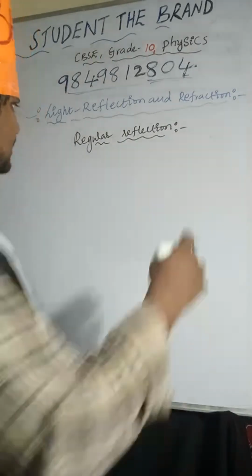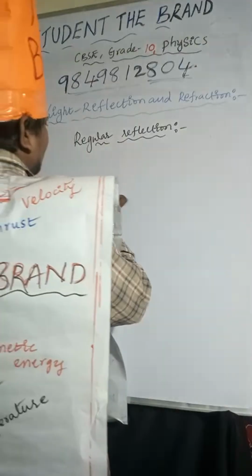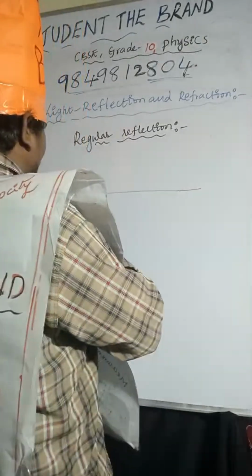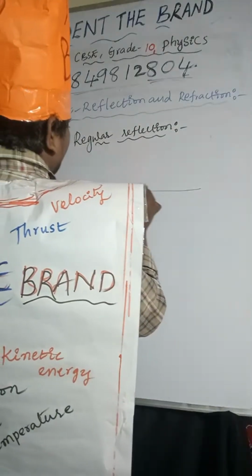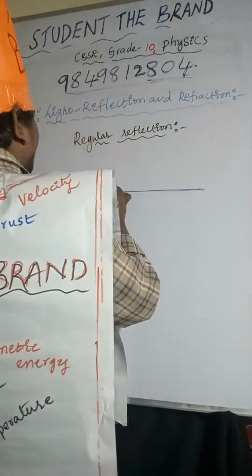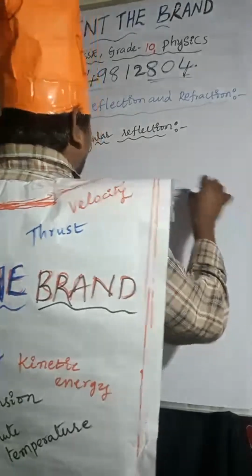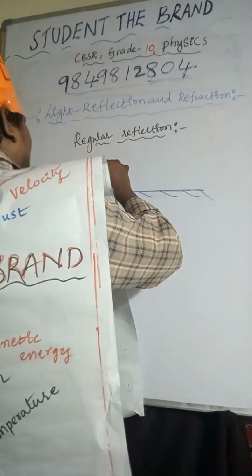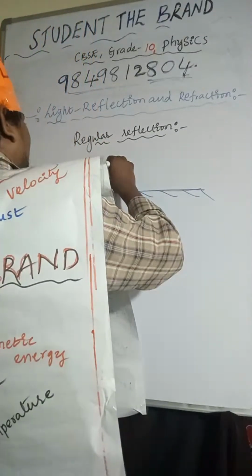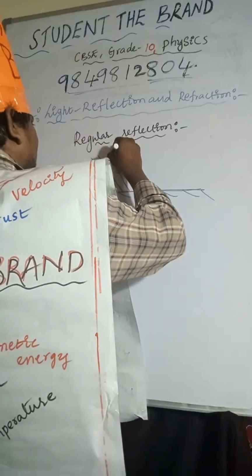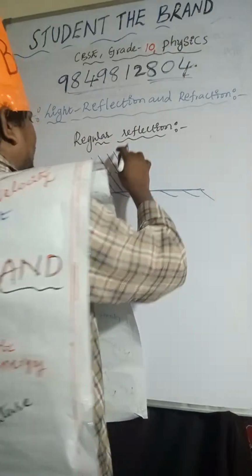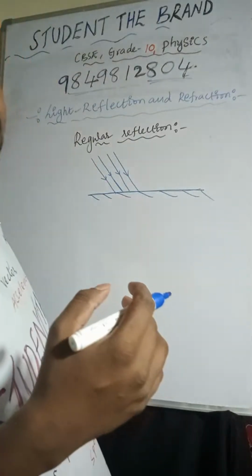Okay, so we'll discuss regular reflection and irregular reflection. I'm taking a plane surface here. So this is the plane surface. I'm considering the incident rays. These are the incident light rays. And the reflected light rays I am also taking.